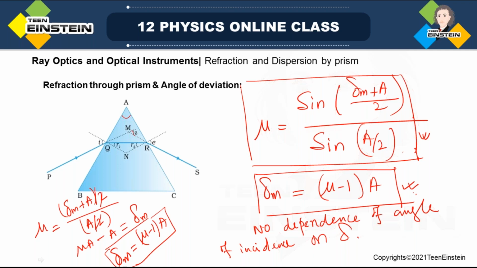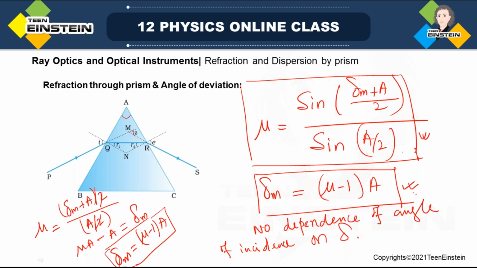The minimum value of the angle of deviation, at the minimum angle of deviation, a ray on passing through a prism will actually pass through with the same angle of emergence.